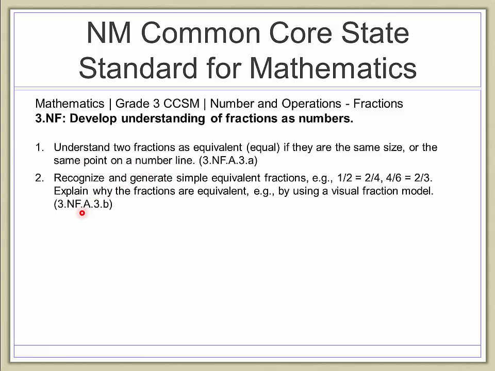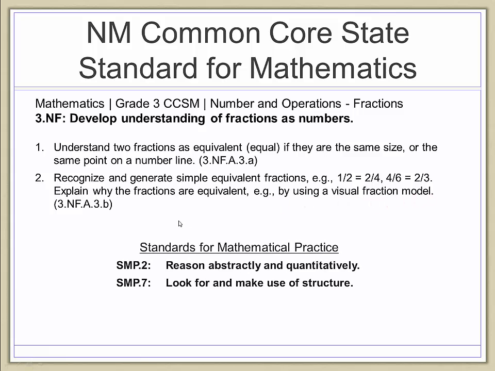We'll also be looking at 3.NF.A.3b, which is to recognize and generate simple equivalent fractions, such as 1/2 equals 2/4 and so on, and really trying to understand why these fractions are equivalent using visual fraction models and also number lines. The two standards for mathematical practice that we'll focus on are, again, SMP2, reasoning abstractly and quantitatively, and SMP7, looking for and making use of structure.